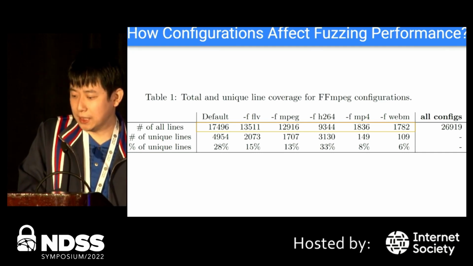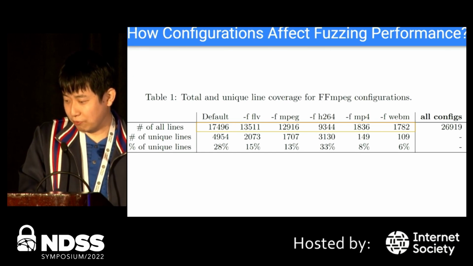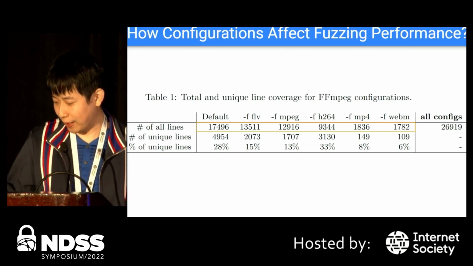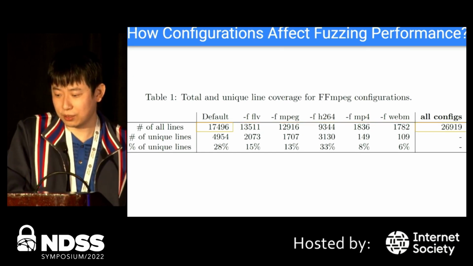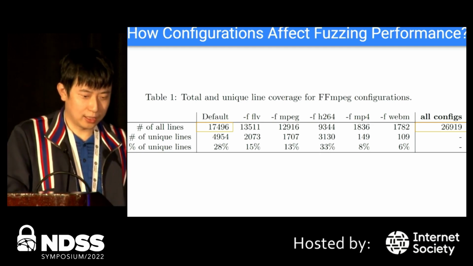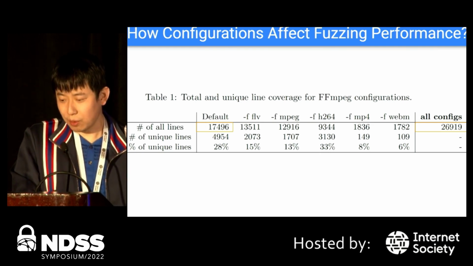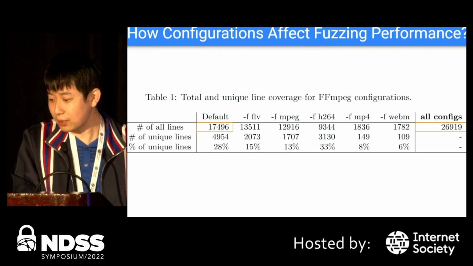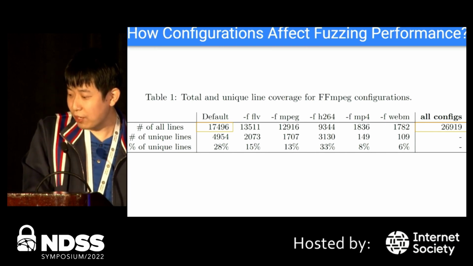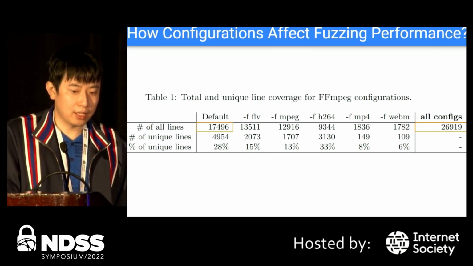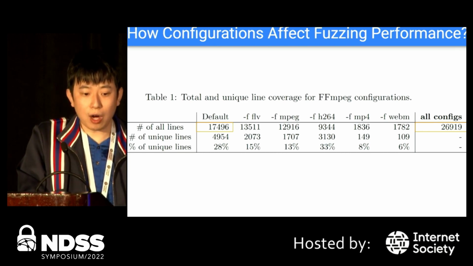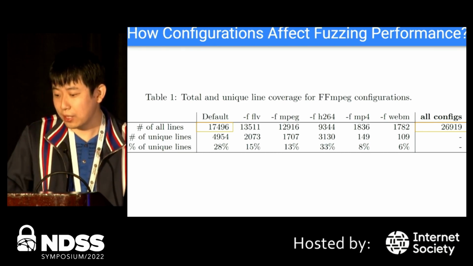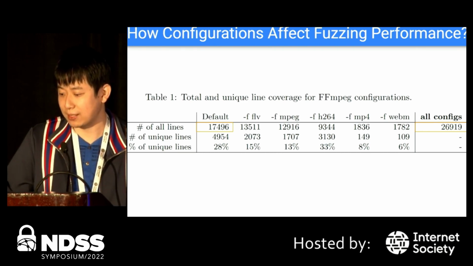From this row, we can see that the numbers vary considerably, and the default configuration has the most lines of code covered. However, if we compare it with the aggregated results of all the configurations, it only accounts for 65%.